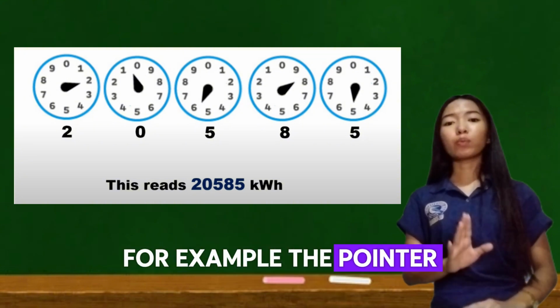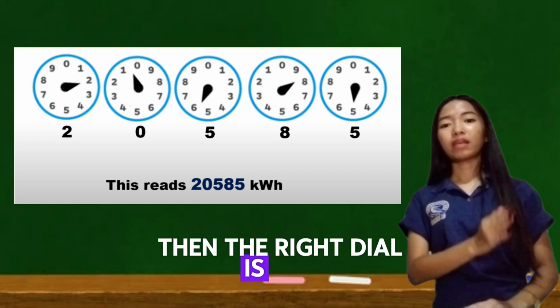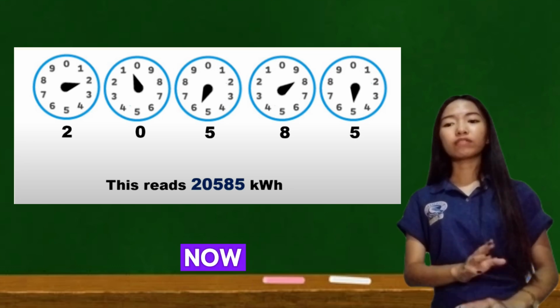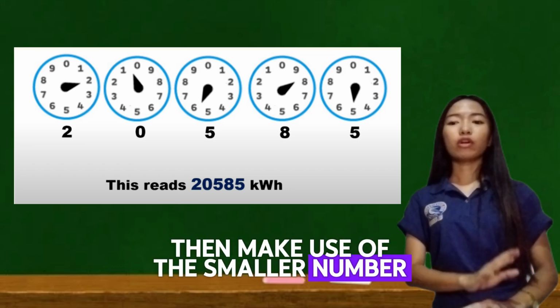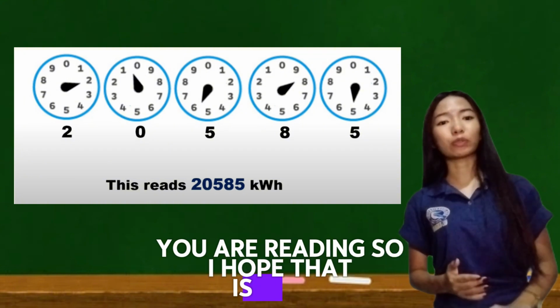For example, the pointer points on number 5. Then the right dial is number 1. So we will take 5. Now, if the dial has not passed 0, then make use of the smaller number on the dial you are reading. So I hope that is right.